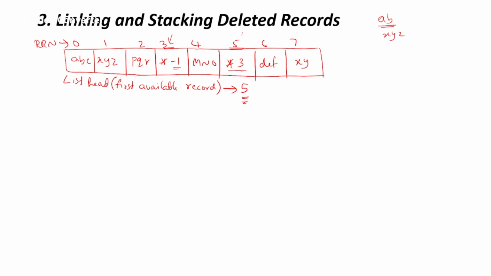Okay, now I want to delete some particular record from, say, RRN1. I want to remove this XYZ.